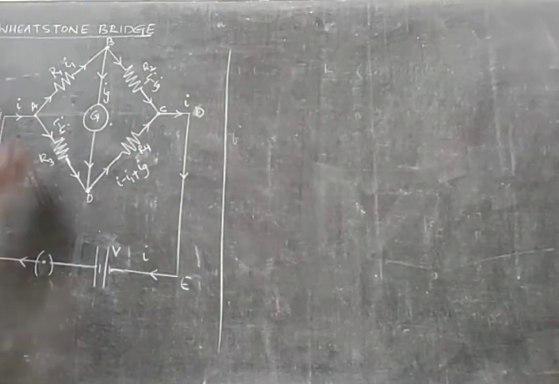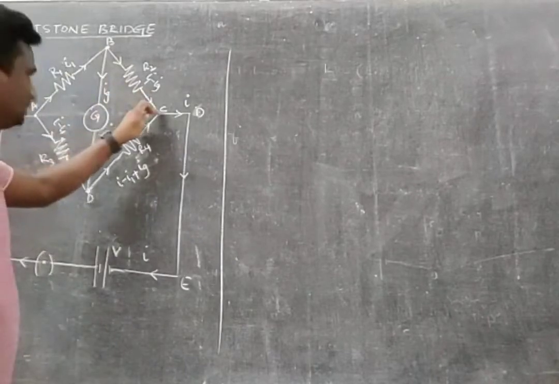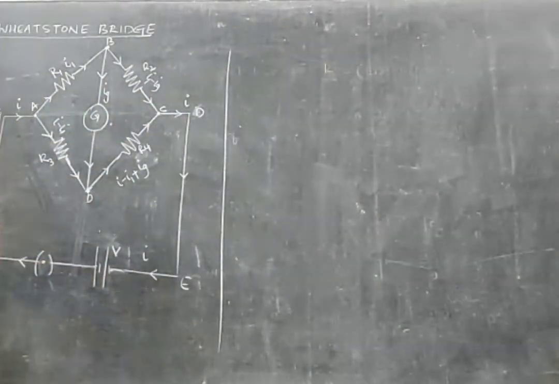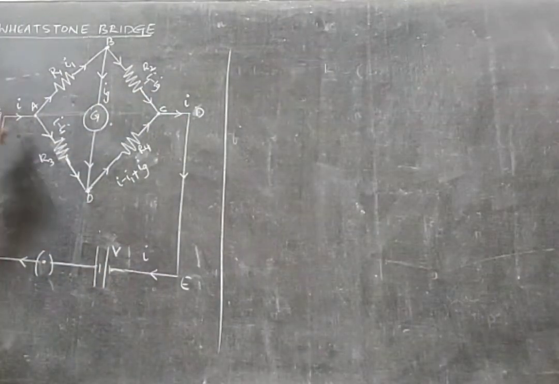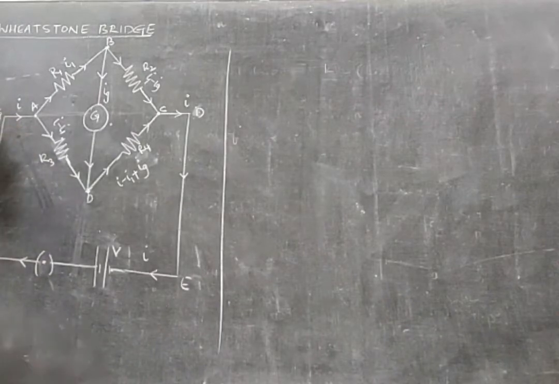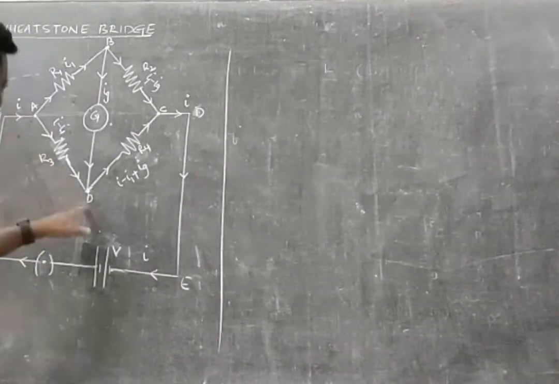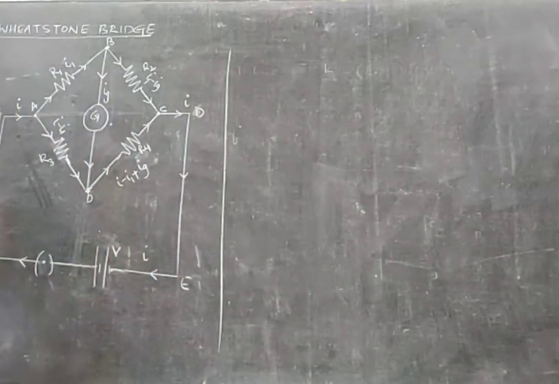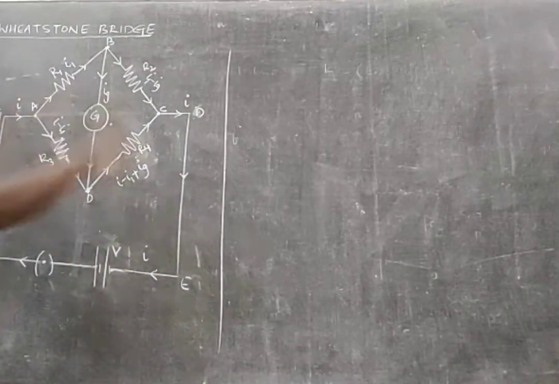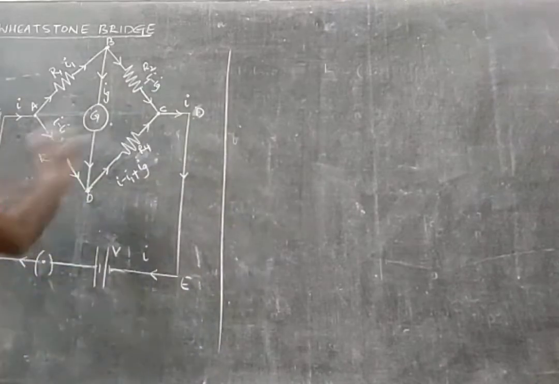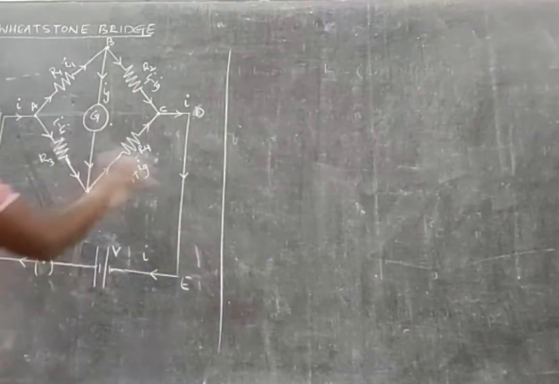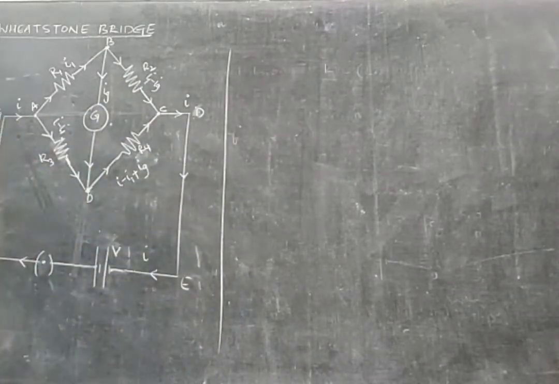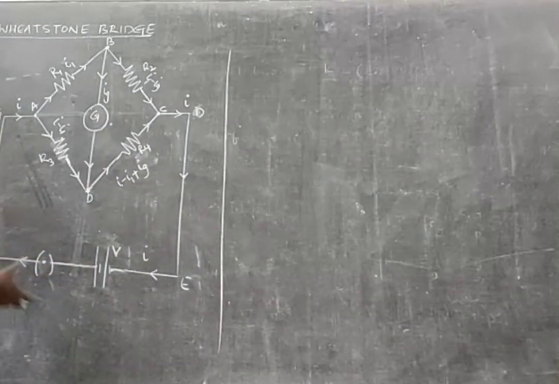You may also go with A, B, C, D, E, F, G, which is also a loop. So in this manner, there are almost 4 to 6 loops, isn't it? So you can take the combinations you like.